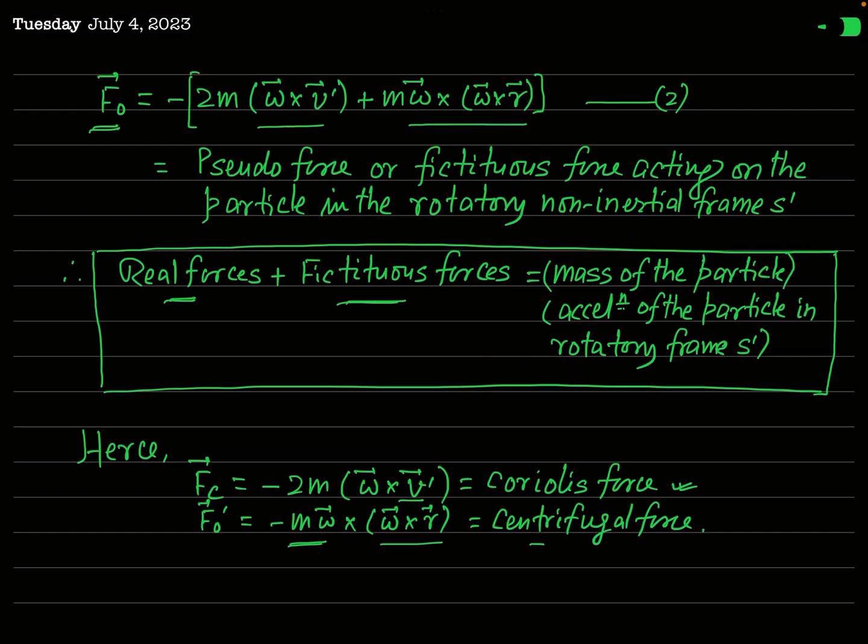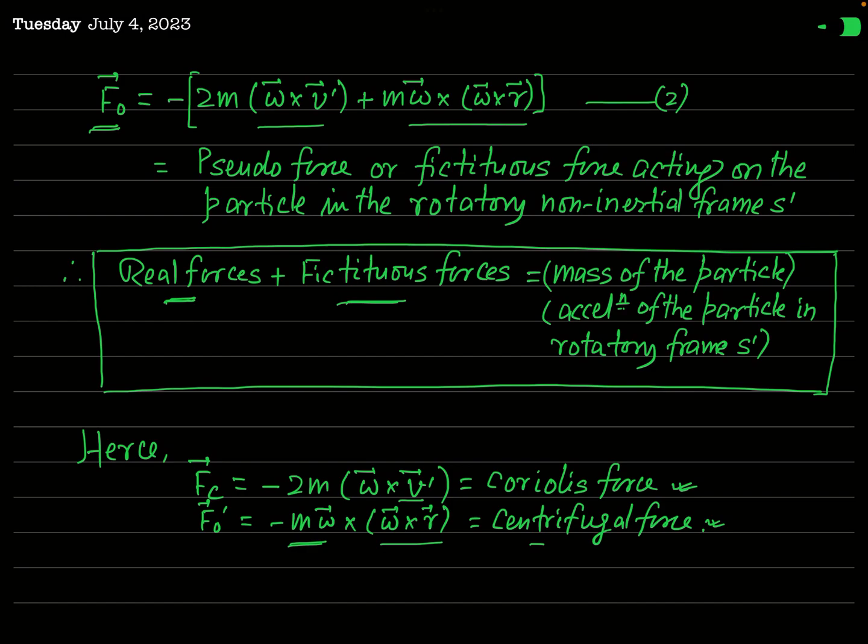So whenever you write the equation of motion of a particle moving with respect to a rotatory non-inertial frame, definitely in your calculation there will be two pseudo forces. The first one is called the Coriolis force and the second one is called the centrifugal force. And taking these two pseudo forces into account and adding them to the real forces, you can write the equation of motion of the particle with respect to the rotatory non-inertial frame. Okay, I think you are getting the things.